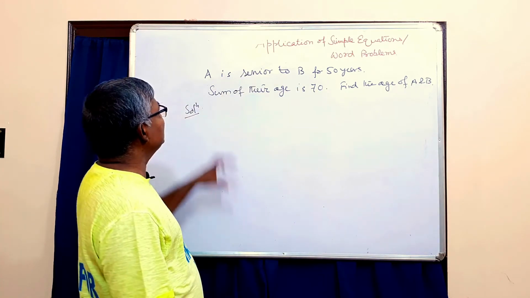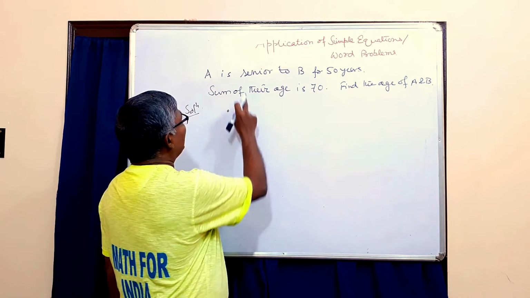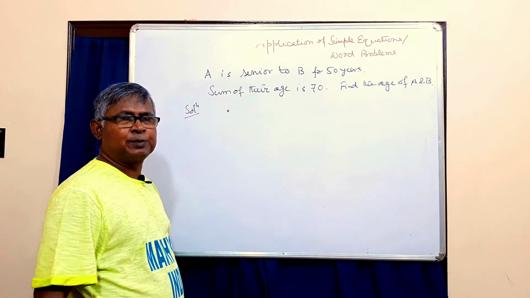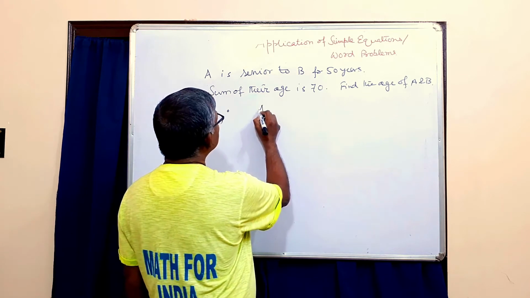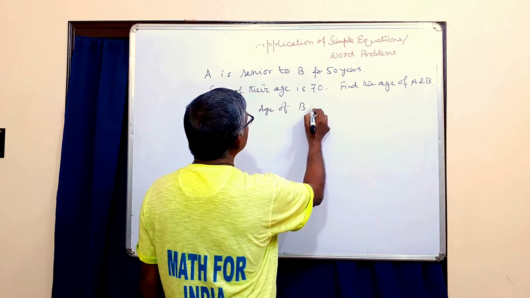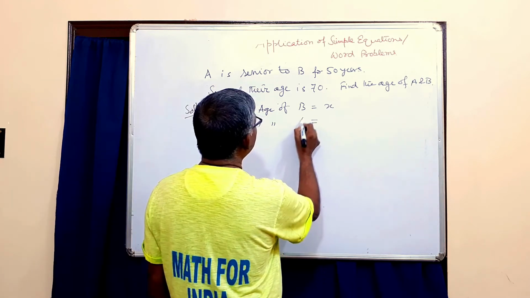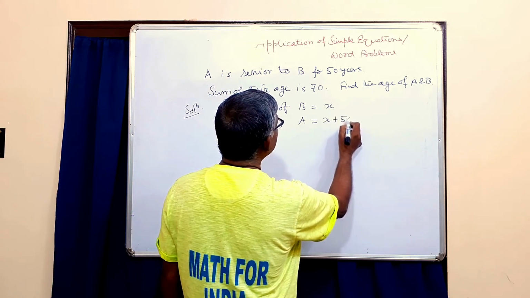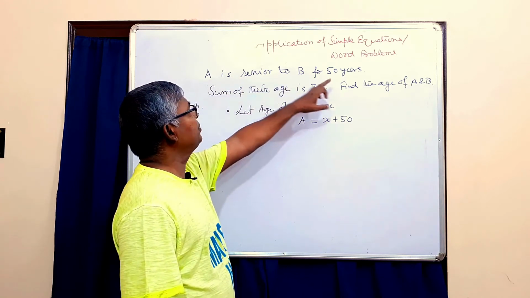Before solving the problem, consider how to write the word problem in algebraic expressions. Suppose the age of B equals x. So the age of A is x plus 50, because A is senior to B by 50 years.